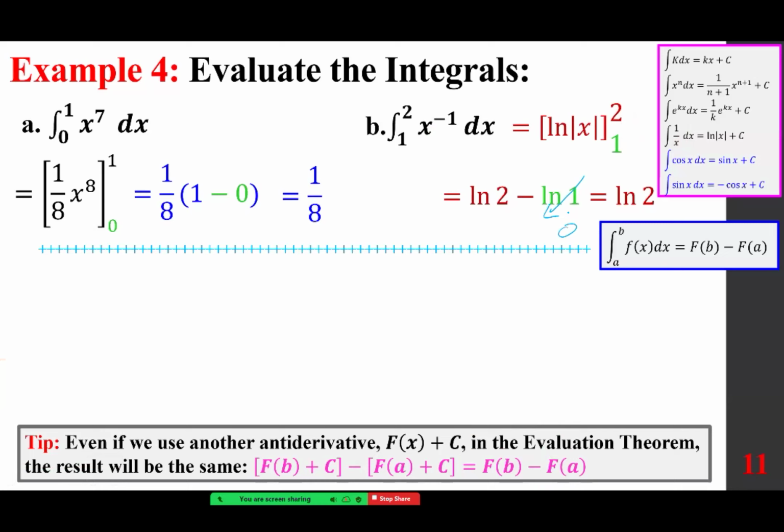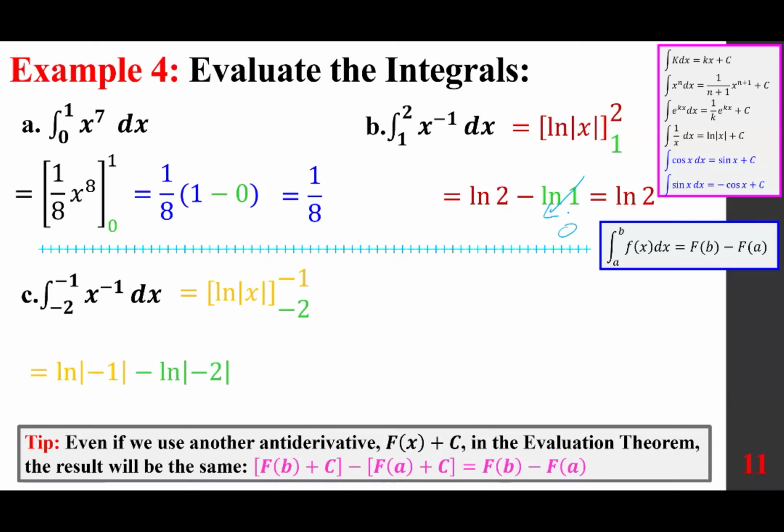Now, if you look at the same question, but different limits that are negative, you must use the same natural log, but definitely with an absolute value. In other words, for part B, if we didn't use the absolute value, it would work. But now it won't if you don't use the absolute value.